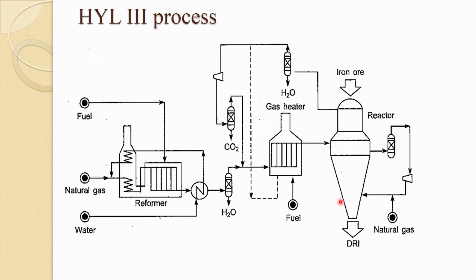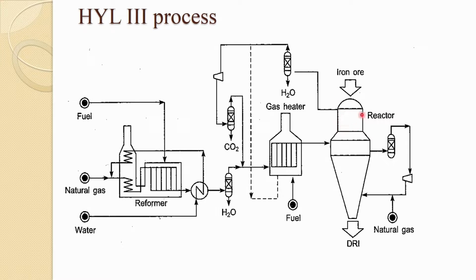reactor. So, this is the fluidized section actually. That is where these gases go from the bottom and go up, and the iron ore is coming down in this one.